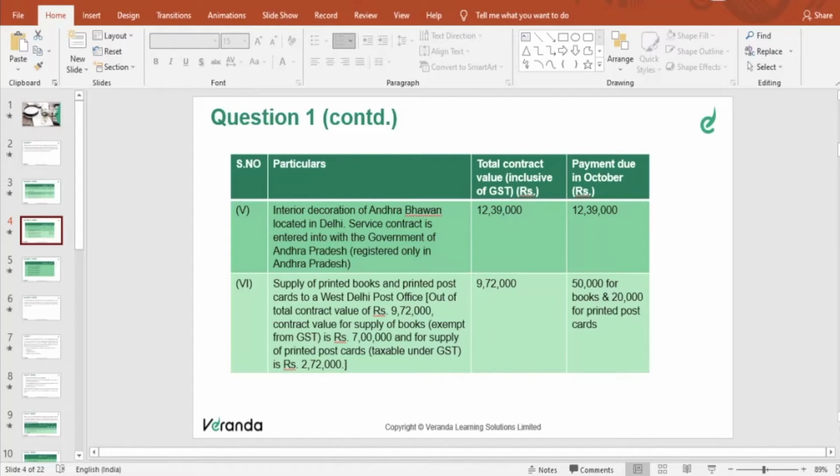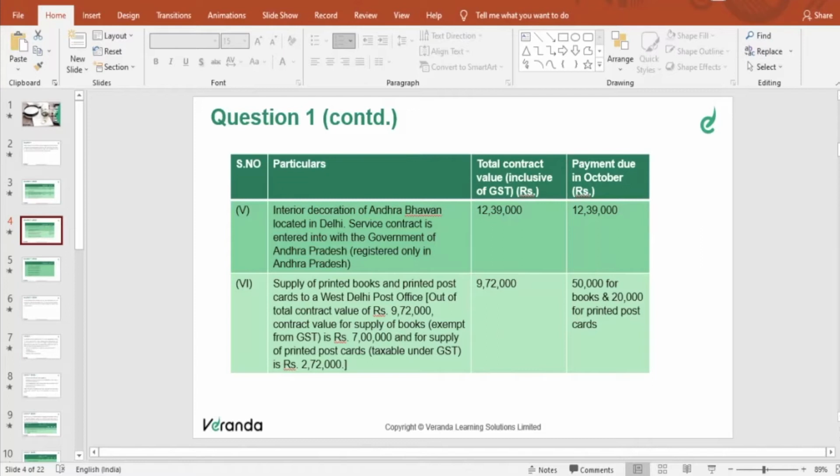Continuing. Supply of printed books and printed postcards to a West Delhi post office. Now, out of the total contract value of 9,72,000, the contract value for supply of books, which is exempt under GST, is 7 lakh, and the supply of printed postcards, which is taxable under GST, is 2,72,000.